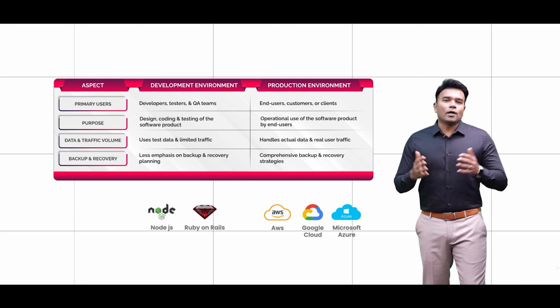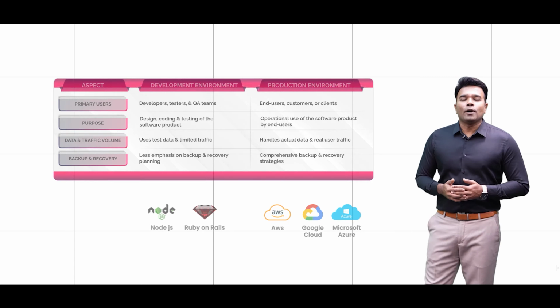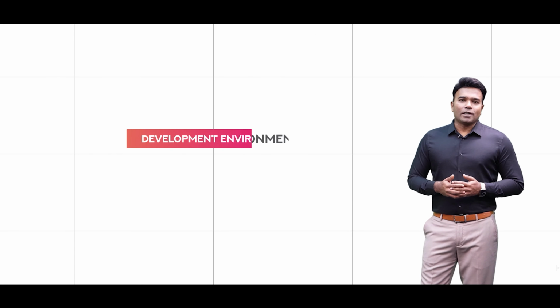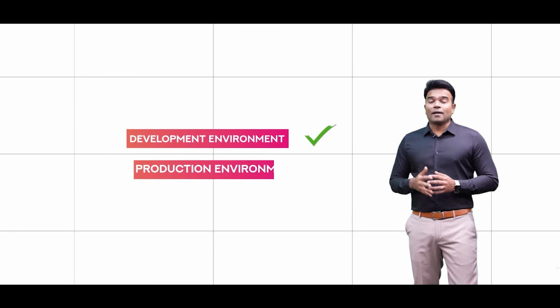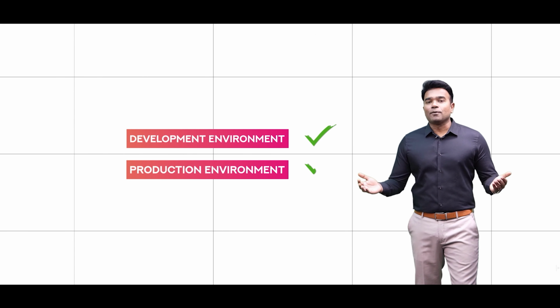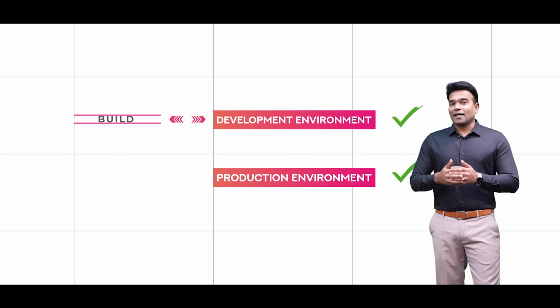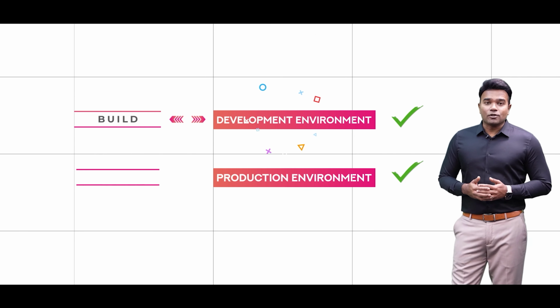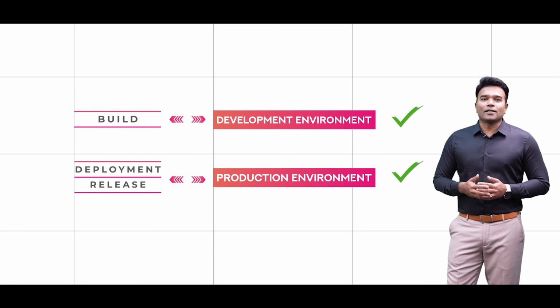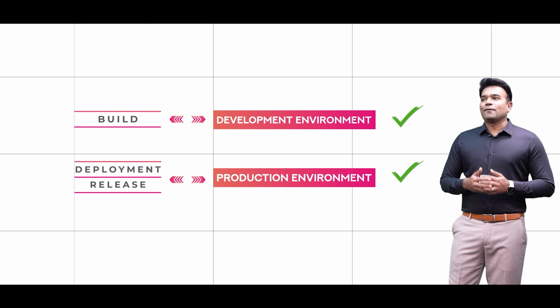So I'm sure that in this session, not only have you understood what really a development environment and a production environment is, you have also understood that the process of build is more or less associated with the development environment, and that deployment and release are associated with the production environment.